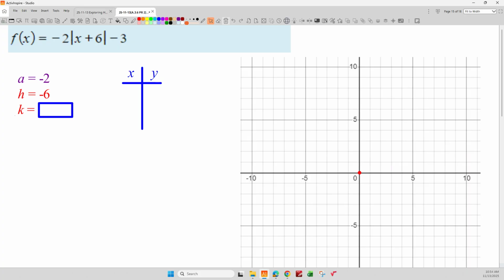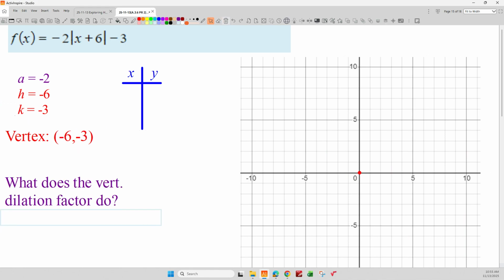Yeah, that's pretty good. Okay. Negative 6. What's K? Negative 3, right? So we know then the vertex is at negative 6, negative 3. So negative 6, negative 3, there's my vertex.